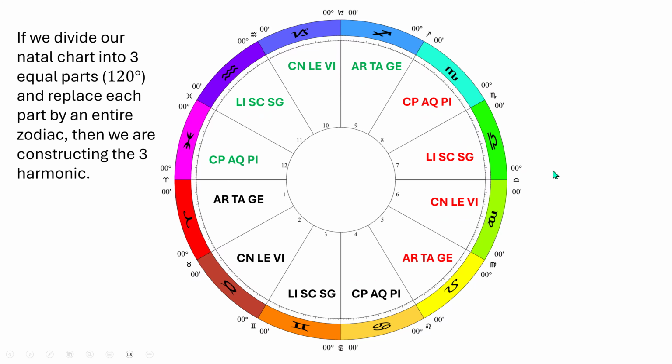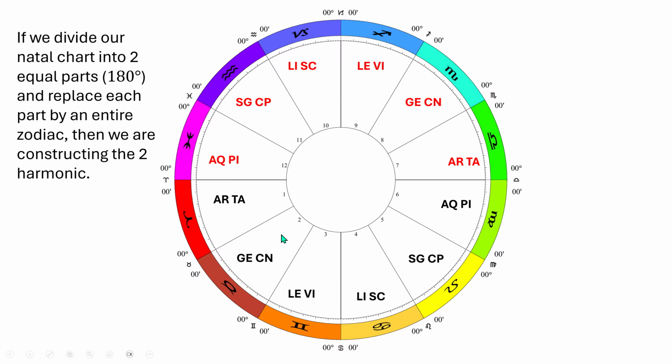And if we divide our chart wheel into 3 equal parts, replace each part, so this will be each 120-degree angle, by a complete zodiac, then we're constructing the 3 harmonic. And if we divide our horoscope wheel into 2 equal parts of 180 degrees each, replace each part by a zodiac from Aries to Pisces, then we are constructing the 2 harmonic.